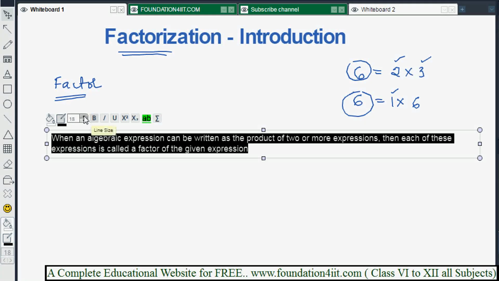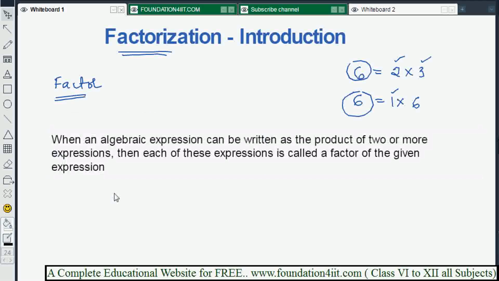Now let me give a clear idea about this. For example, take the expression x square minus 36. Using the previous topic I explained, algebraic identities, I can write x square minus 6 square. If you apply the formula a square minus b square equals a plus b into a minus b, we get x plus 6 into x minus 6.